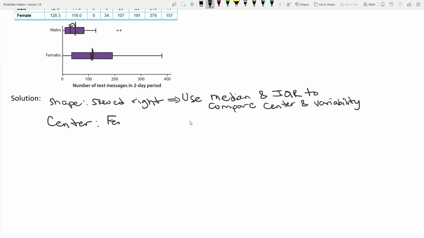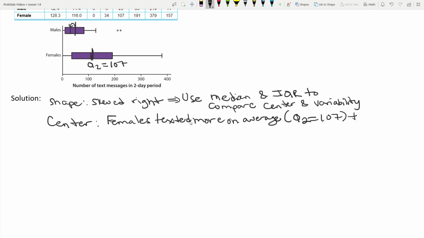So in this case, females texted more on average, since the median for them, the second quartile, that's this one here, is around 107, than the males did.